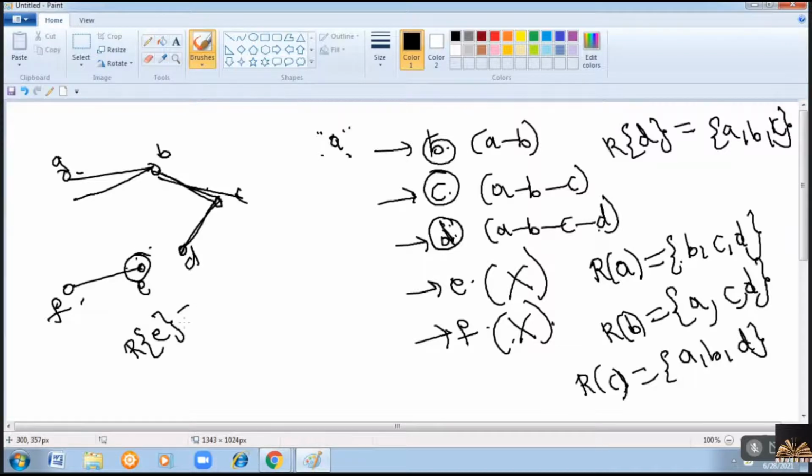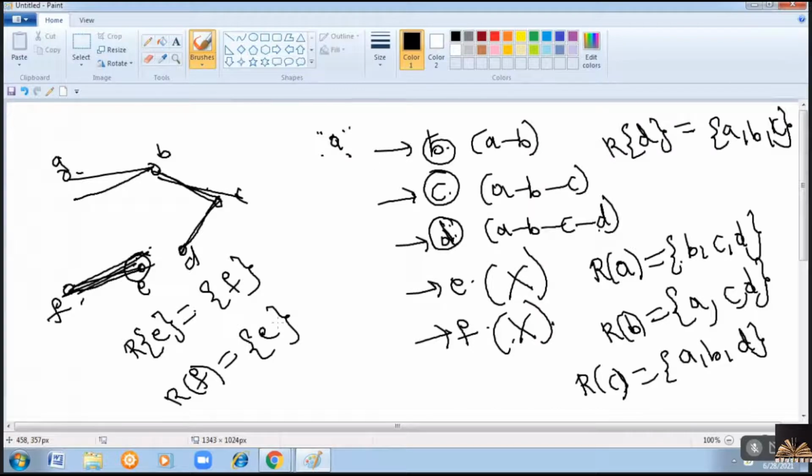From E, I can reach only F. Then what is the reachable set of F? From F, you can reach only E. So this is the reachable set of all the vertices in the graph. Clear? This is reachability.